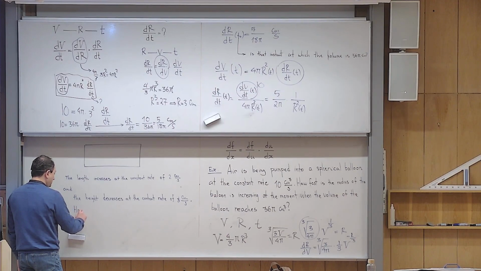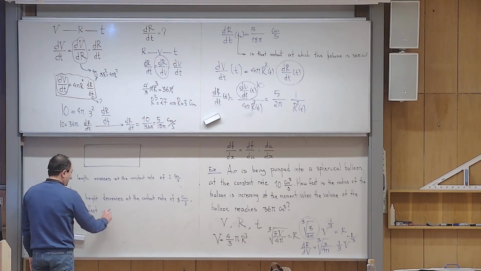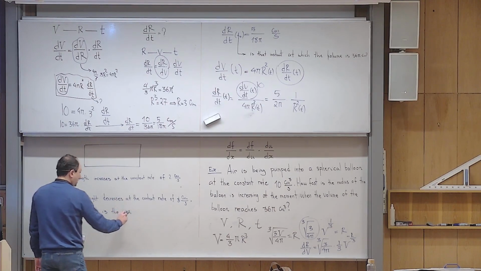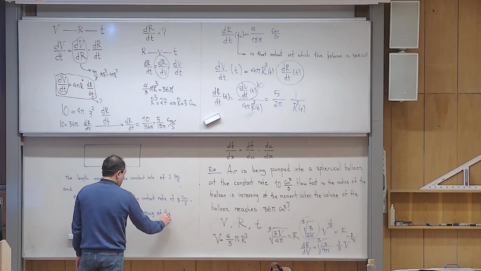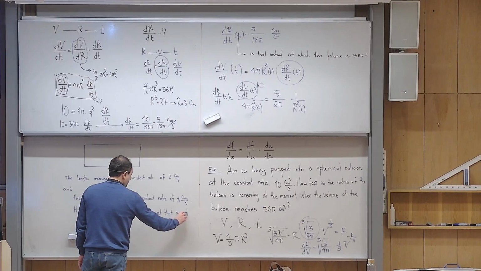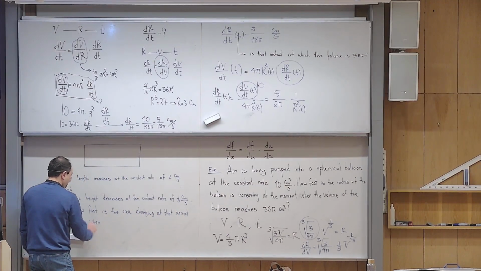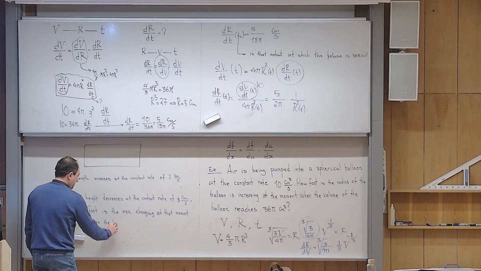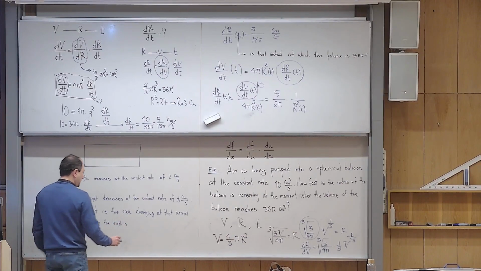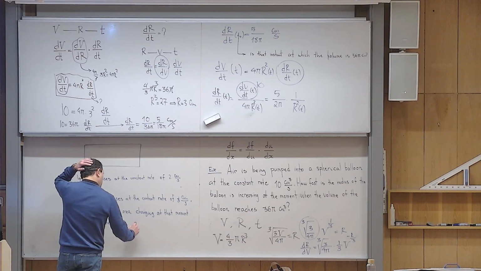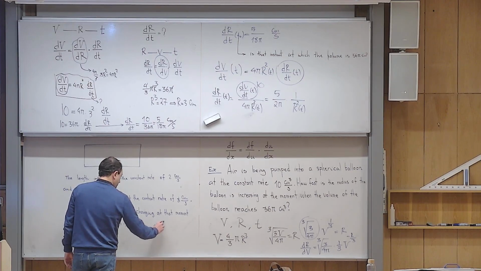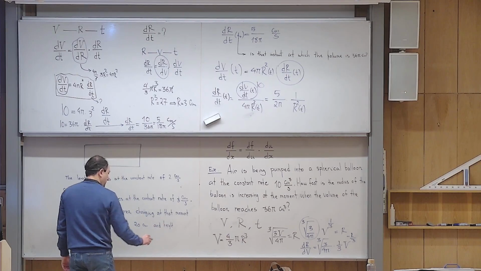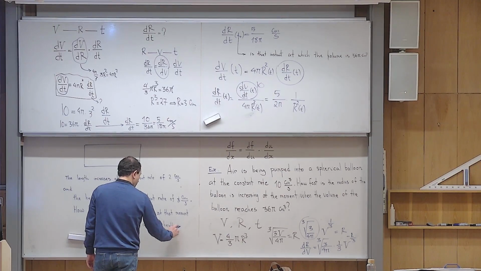How fast is the area changing at that moment when the length is, say, 20 centimeters and the height is 10 centimeters?